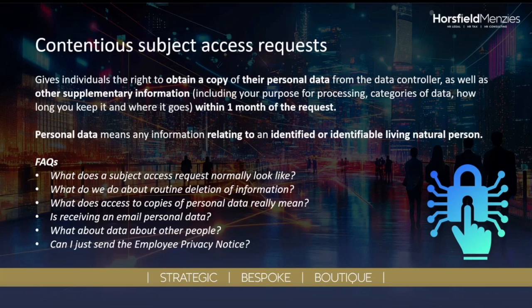Now, really interestingly, the ICO guidance gets more and more employer friendly every time I look at it. And one of the things they've written is the fact that somebody just receives an email does not make the email about them. So a really easy way to use this personal data aspect is to say, thanks, employee. You already have access to all the emails you have on your system, so we're not going to give you those because you can look at them now.